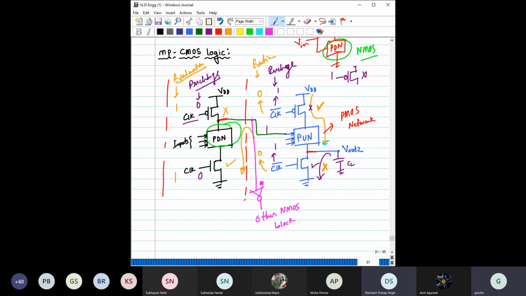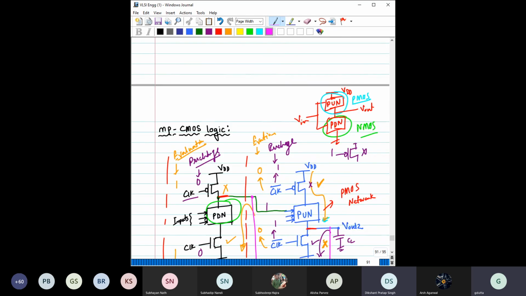So after this, if you want to drive another NMOS block, meaning a pull down network, then you know the solution. Use an inverter between them, like domino. So similarly here, if you want to drive another PMOS block from here, then use an inverter here, like domino.